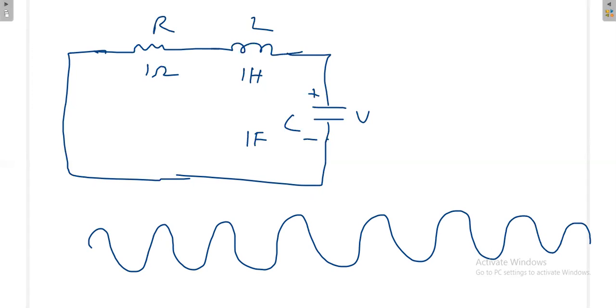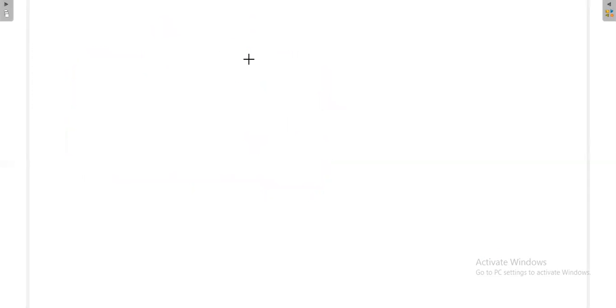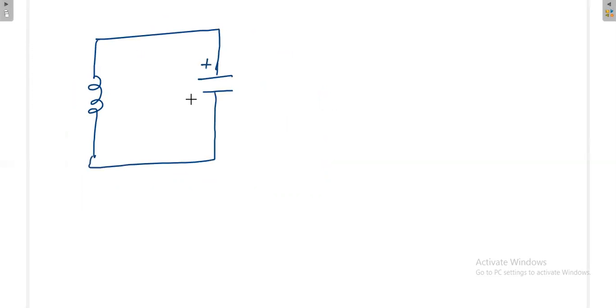See what will happen when resistance is not there. We have an inductor and a capacitor. For example, if the capacitor is having some initial energy and there is no resistance in the circuit, initially it will try to give the energy to the inductor.